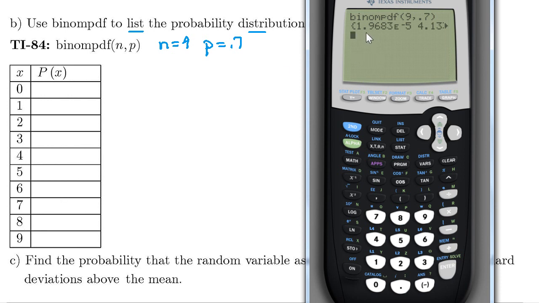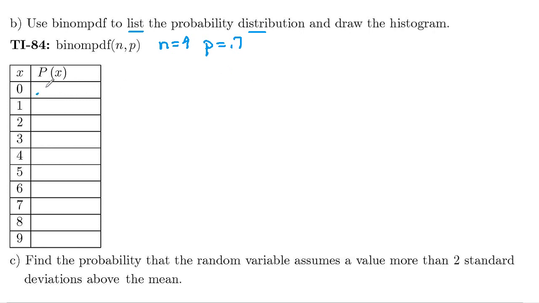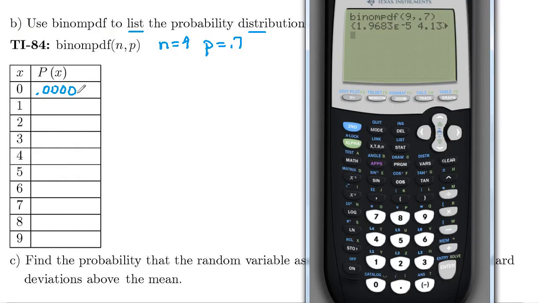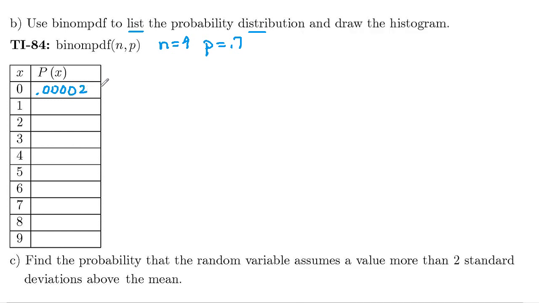The first one is 1.96 e negative 5. Remember that scientific notation moves the decimal place 5 to the left. So this is 0.00000196. So 1.96 would round to 2, so 0.00002.